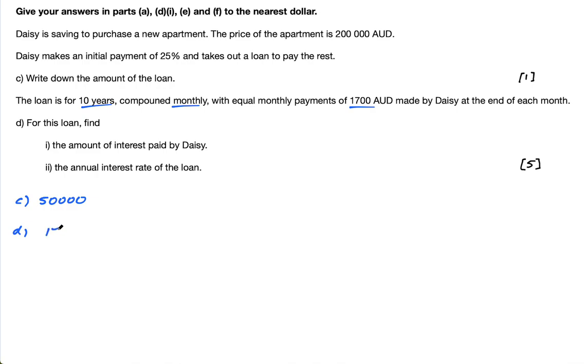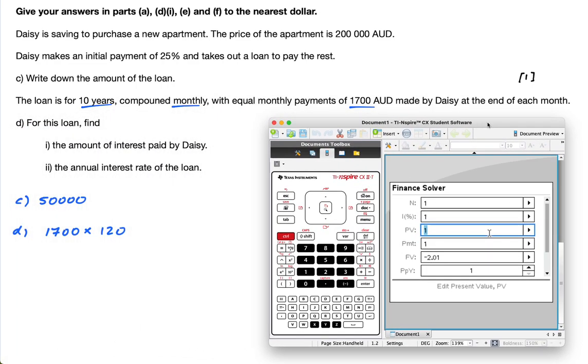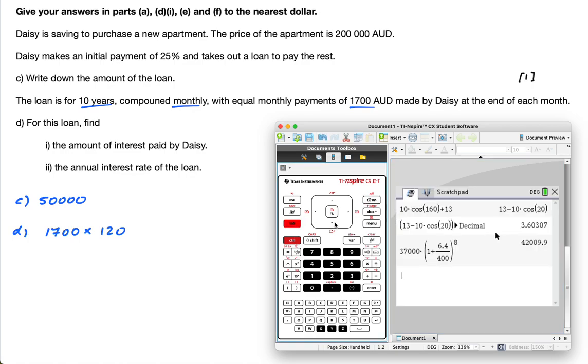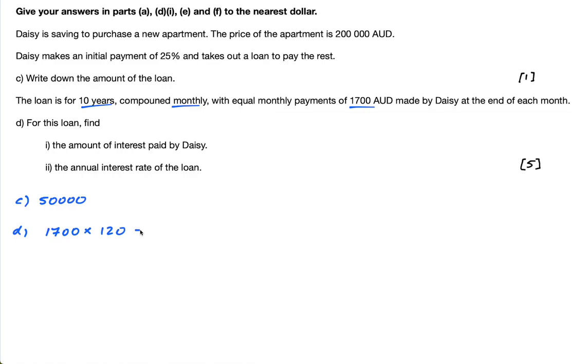So I'm going to do 1,700 times 120 to find out what is going on. 1,700 times 120, and that's 204,000. So she pays 204,000 over the 10 years.